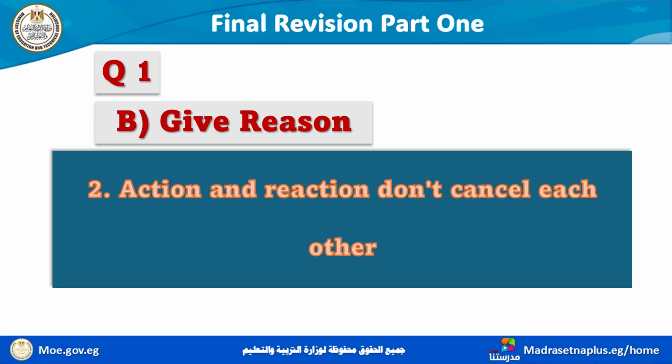For forces to cancel out, the equal and opposite forces must be applied to the same object, and because action and reaction are applied to separate objects, they cannot be added together to reach equilibrium, and so they don't cancel each other.